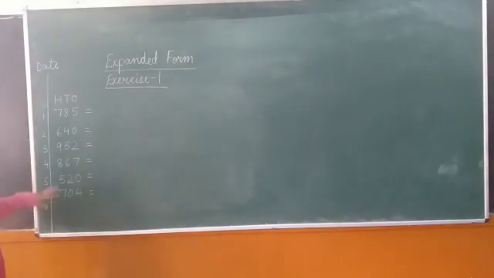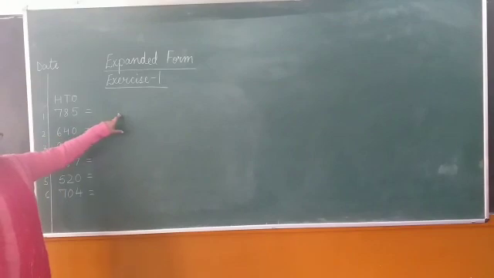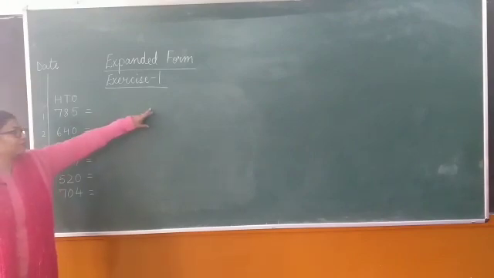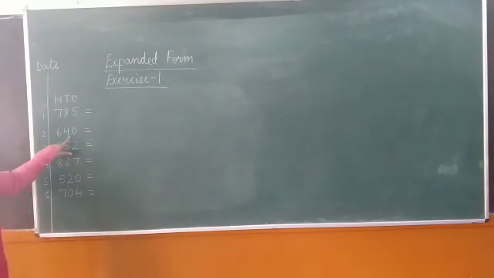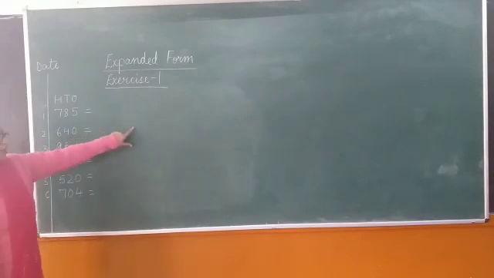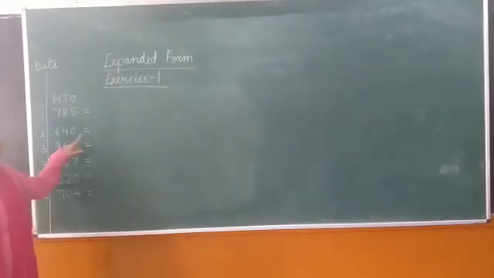Okay, so I have given you only 6 to do. The first one is 785. So how will you write? 700 plus 80 plus 5. Then it is 640. So how will you write? 600 plus 40 plus 0, because we are showing the zero's place value also.